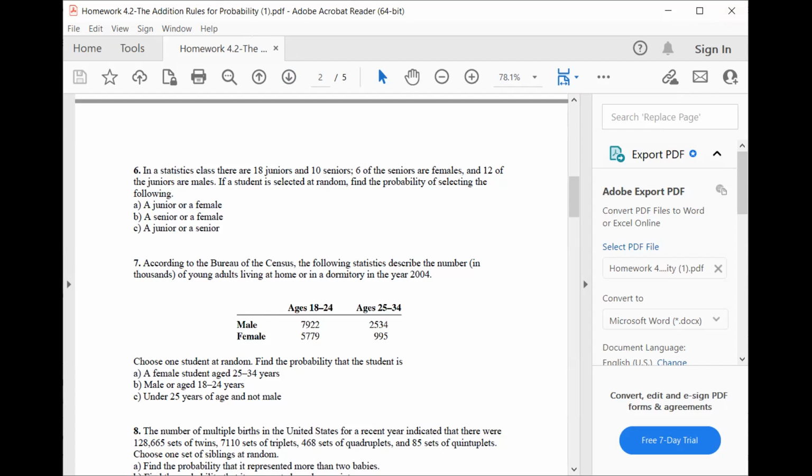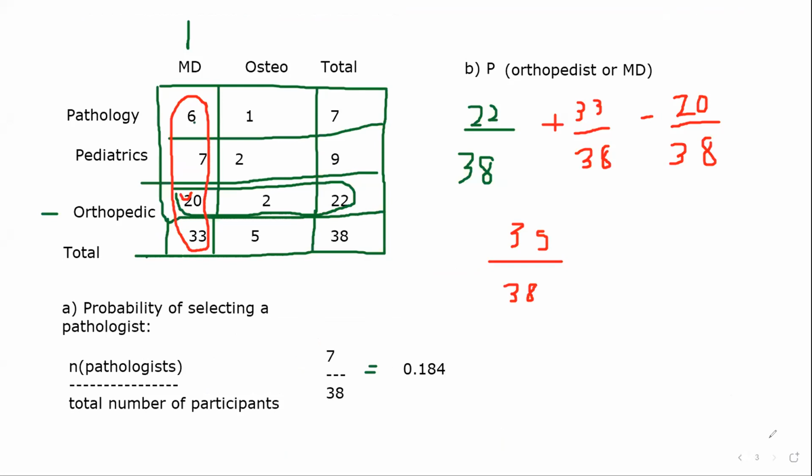So we have 18 juniors, 10 seniors. Here we're going to get another box. We have 18 juniors, we have 10 seniors, and we have some information about them.